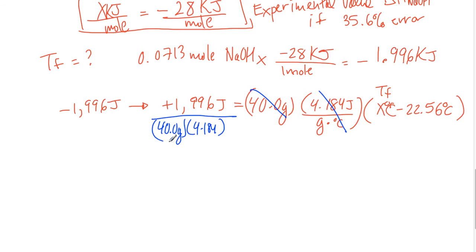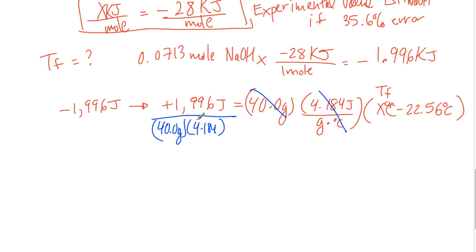So what that ends up equaling is, let's multiply that times 1,000. Let's divide that by 40, and divide it by 4.184. And then add 22.56 to it, and you get, oh, so sorry, I made a mistake somewhere.